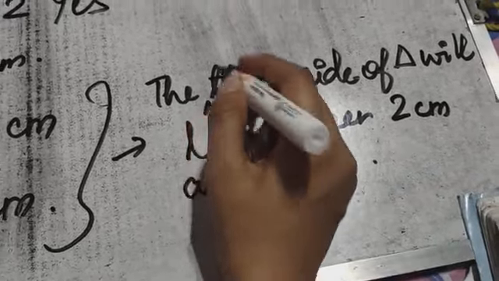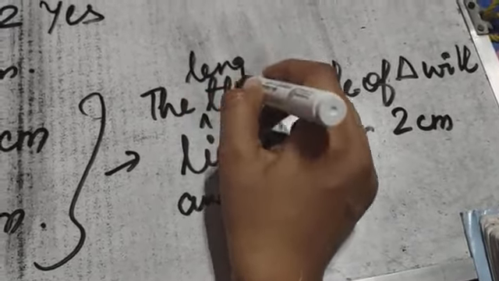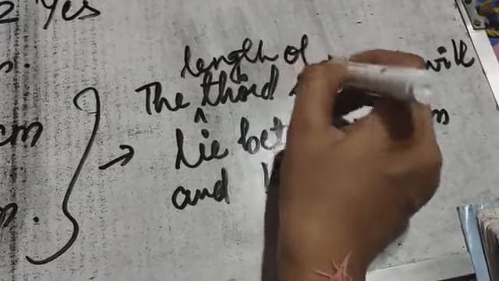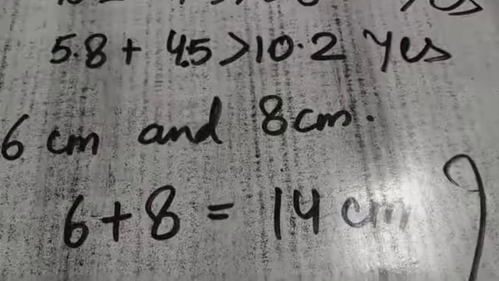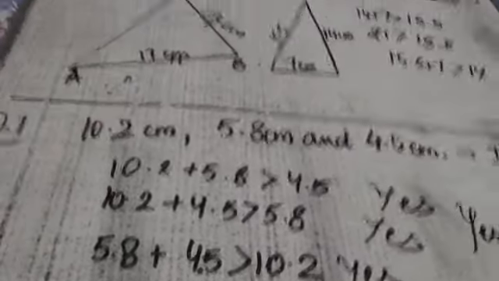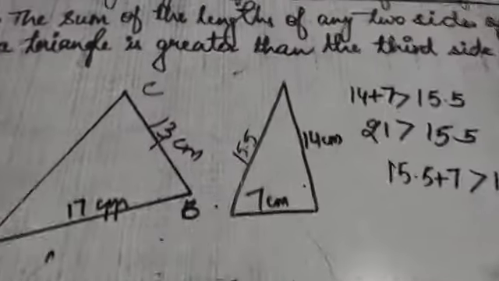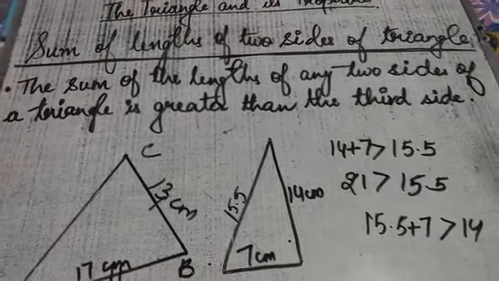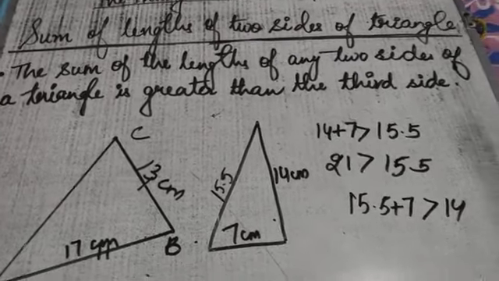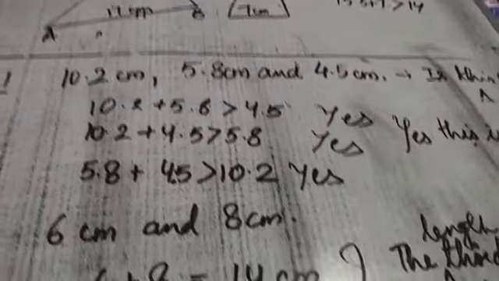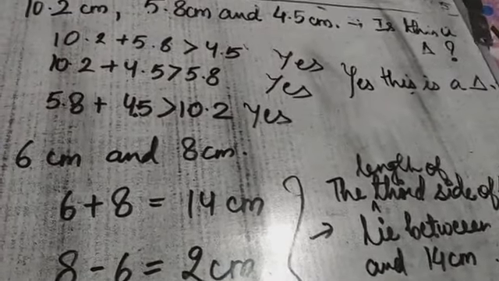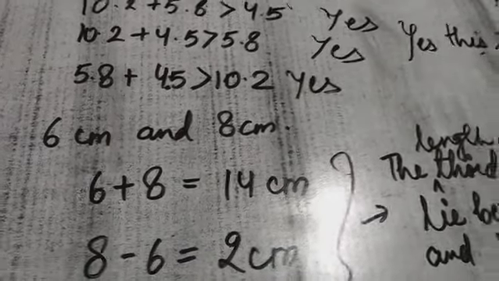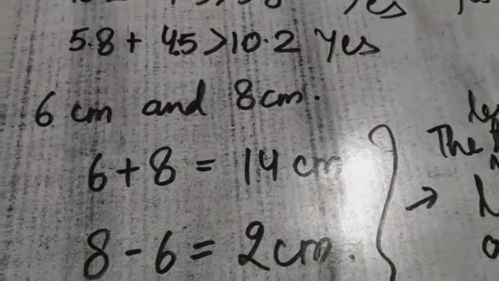You can write down the length. Okay. So we have studied this property, that the sum of the lengths of any two sides of a triangle is greater than the third side. We have proved this also, and we have seen two examples also. Hope you have understood these two things.